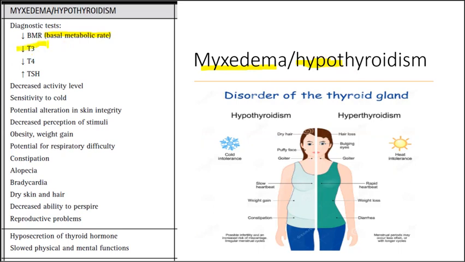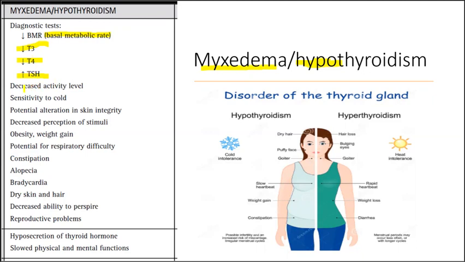There's also a decrease in T4, which is our thyroxine hormone. And then we also find an increase in our thyroid stimulating hormone, because this is trying to cause the thyroid to produce more of this. That's why you see an increased level of the TSH hormone.